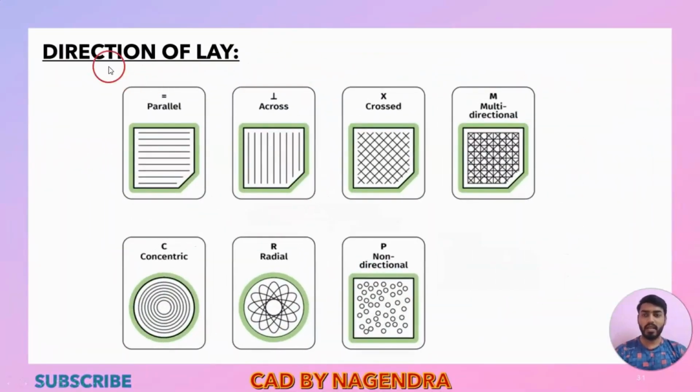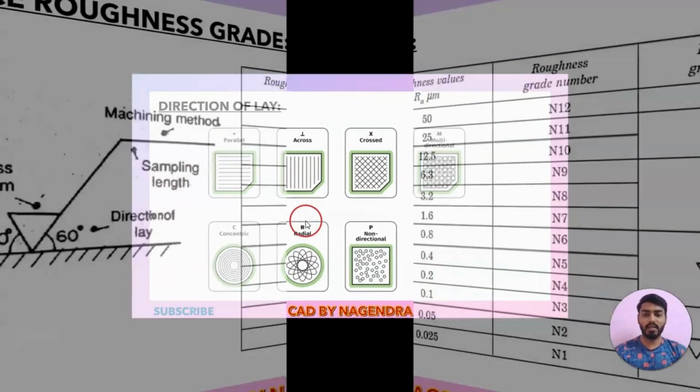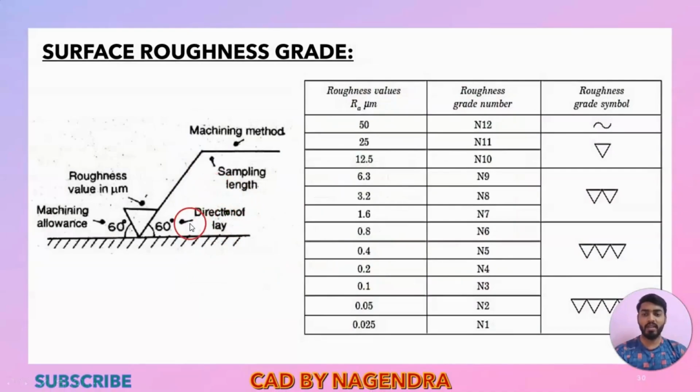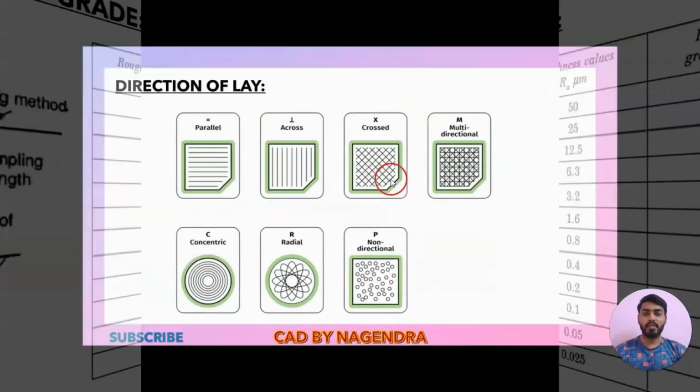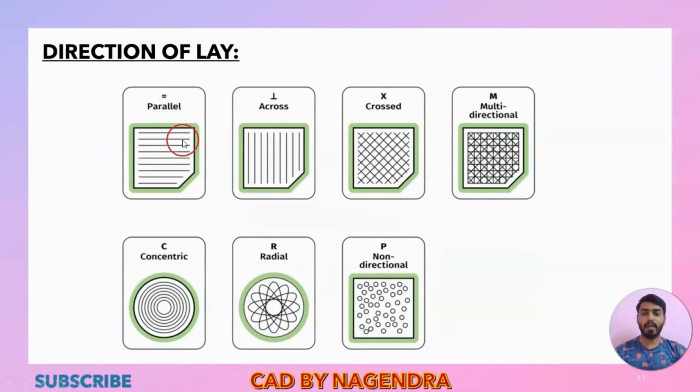Now you can see here direction of lay. Let's say this is the surface. If they give the parallel symbol in the place of direction of lay, the surface roughness should be applied parallel to the surface. Again, if they give perpendicular, it should be applied in the perpendicular direction. Then X crossed is in an X direction. Then multi-directional: not only in a single direction, in any direction we can make it.